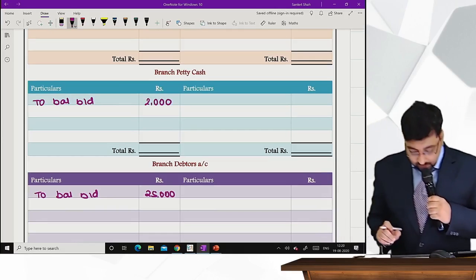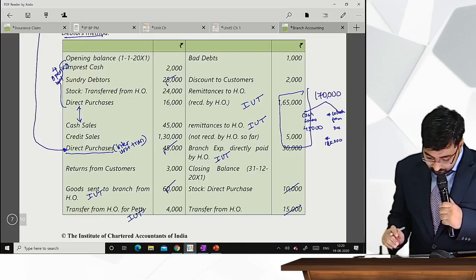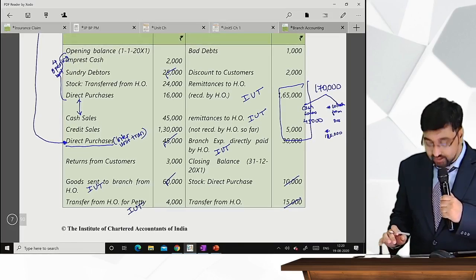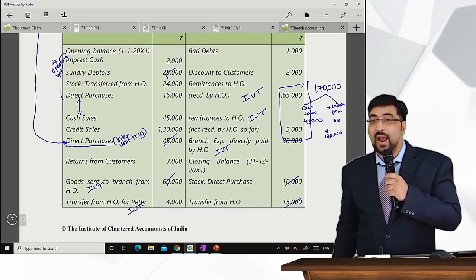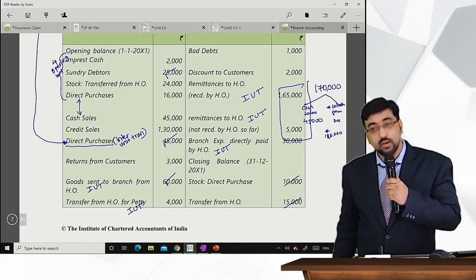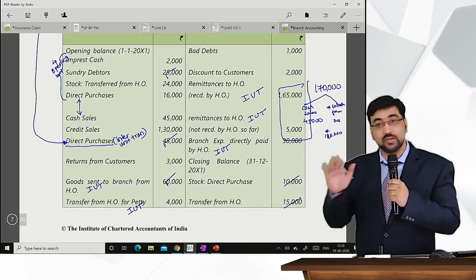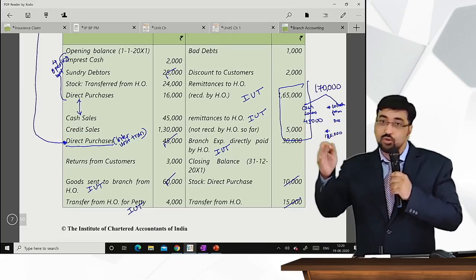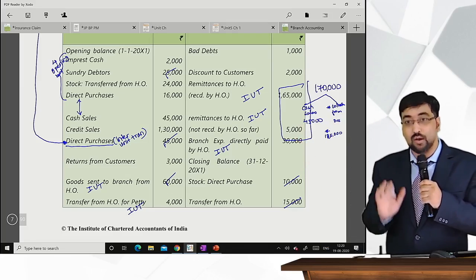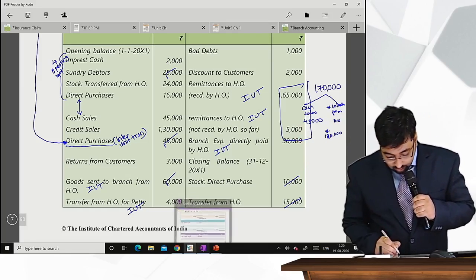Okay. Now, cash sales. So cash account debit to sales is the entry. Cash account we have not opened. Why? Because daily cash is remitted to head office. So the sales account we open. Instead of sales, we have opened the stock account. Stock goes out.